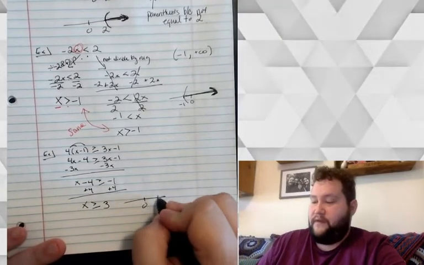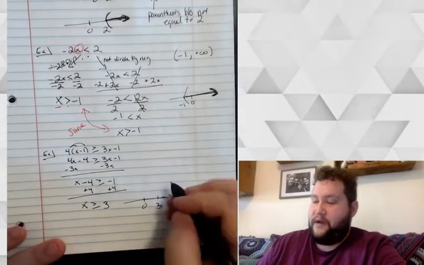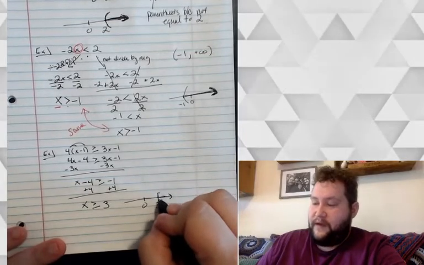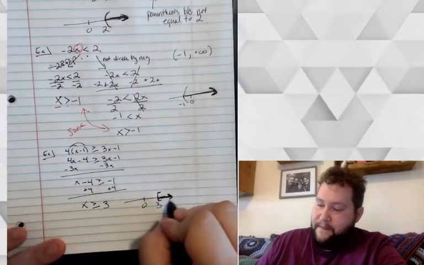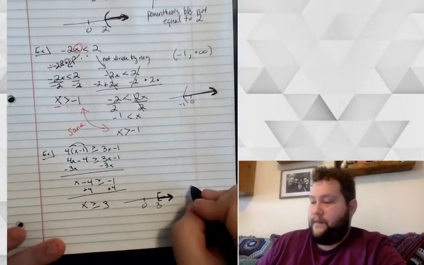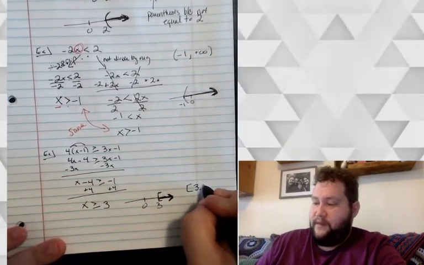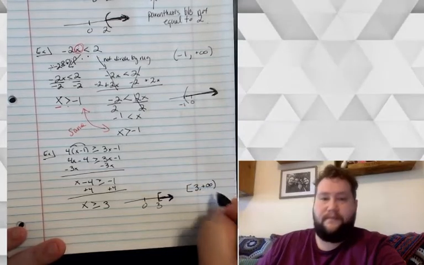Draw our number line, 0, 3. Greater than or equal to means we can fill it in or put a square bracket. Shade everything to the right, which looks like [3, positive infinity).